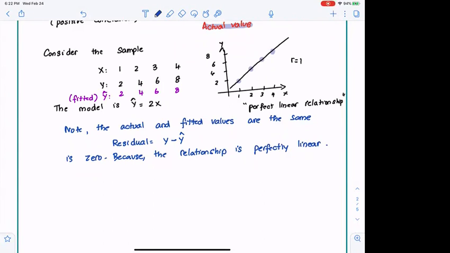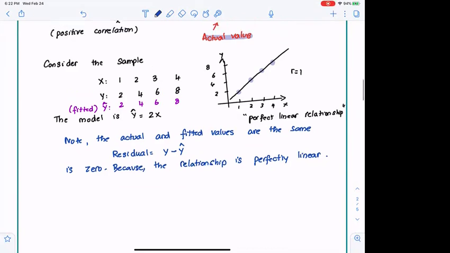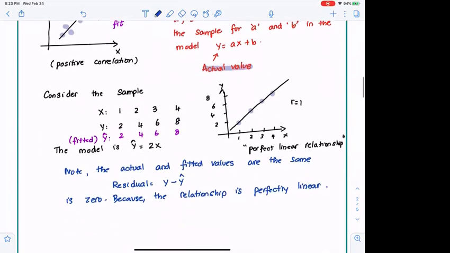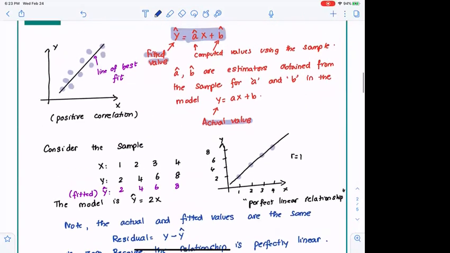So in cases where the data is not perfectly linear, but we can explain the relationship using data points, such as the one here, we can compute the residual. So what is the residual? Mind you, residual is simply the value of y that you get when you plug in the value of x in the model. In other words, we are talking about the fitted value.